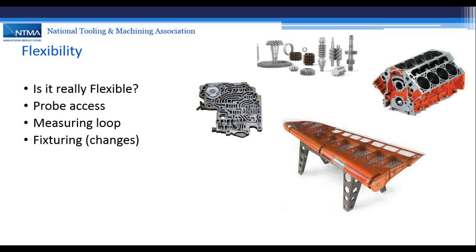Fixturing changes have to be considered truly as a part of whether the system is going to be flexible or not, and whether we want to stay dedicated or stay on a larger CMM. So fixturing changes are critical.